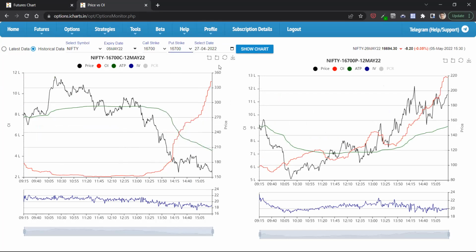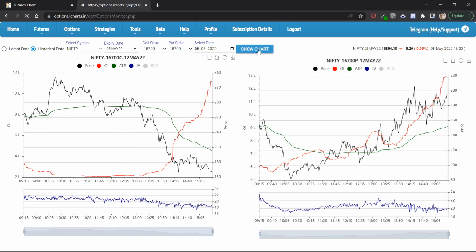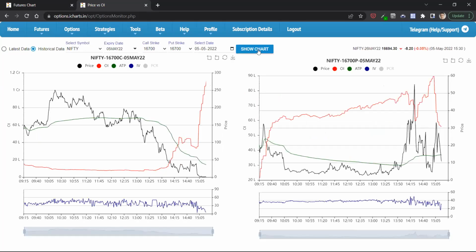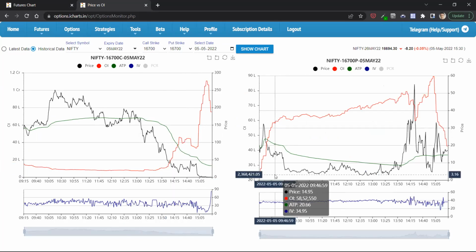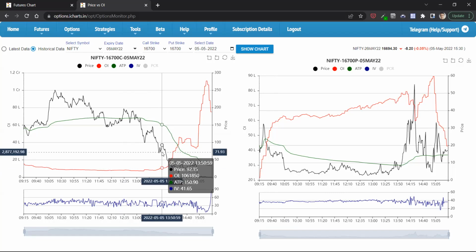Because at around 1:15 or 1:18 PM that day, the price immediately went below the VWAP, and the OI buildup started at an exponential pace after 2 PM. Can we consider that as a confirmation?